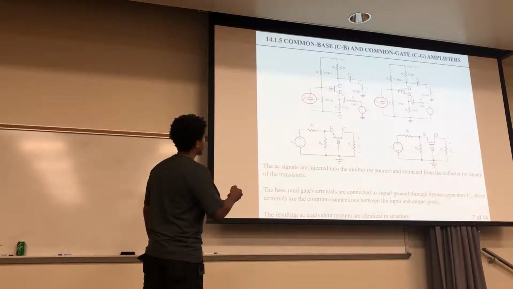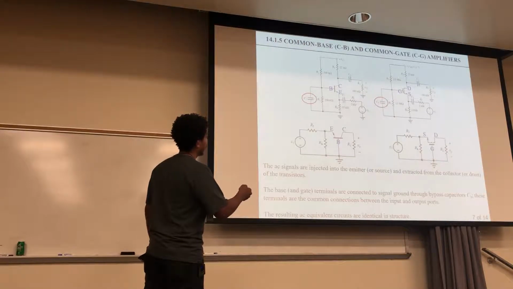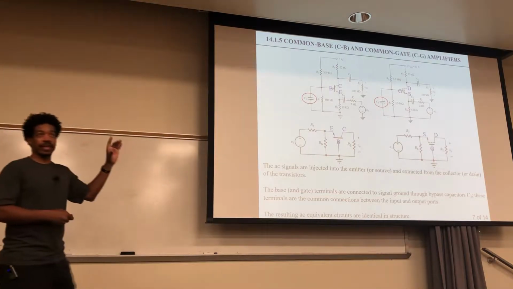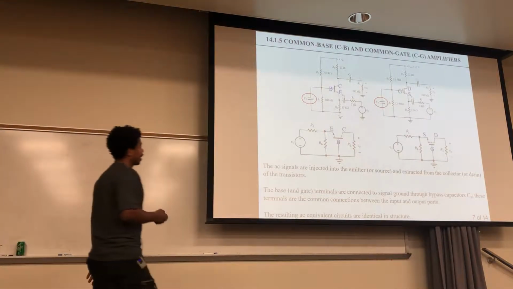You can see that this base is connected to this ground through this bypass capacitor, and this gate, same thing, is connected to the ground through this bypass capacitor. And remember, it's only for AC, small signal AC signals.